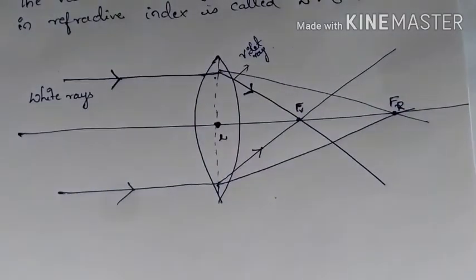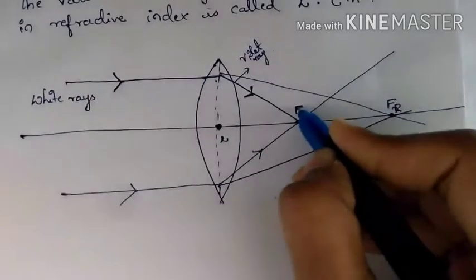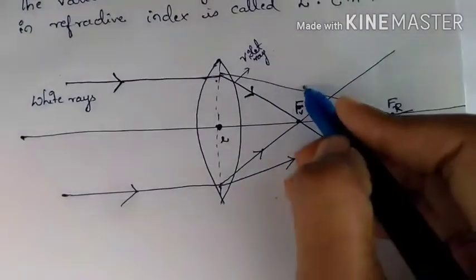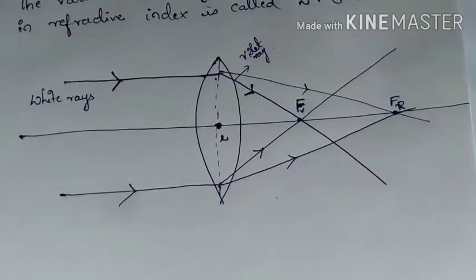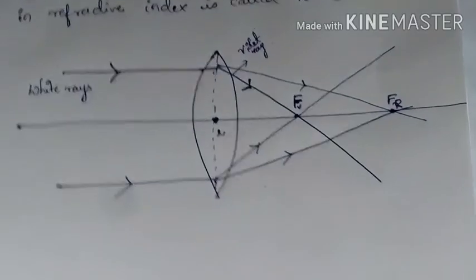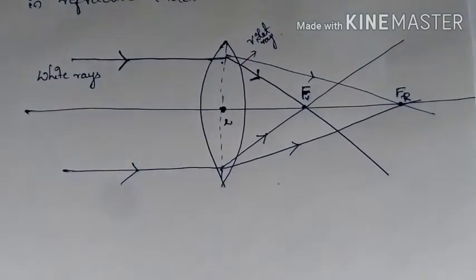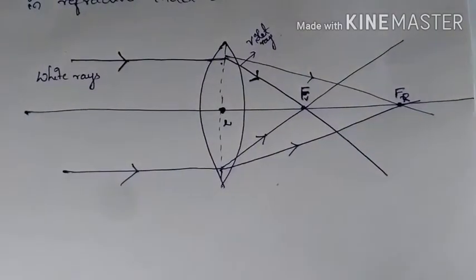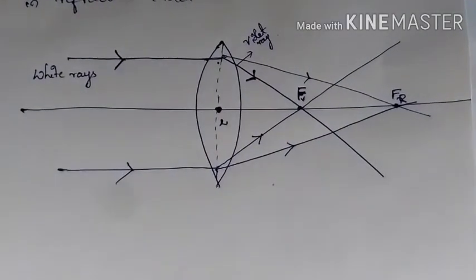So FR denotes the focal point for the red ray and FV denotes the focal point for the violet ray. So you have basically two focal points in a chromatic aberration. So now if you see, these 2 points are not coinciding, that means you have the longitudinal chromatic aberration.